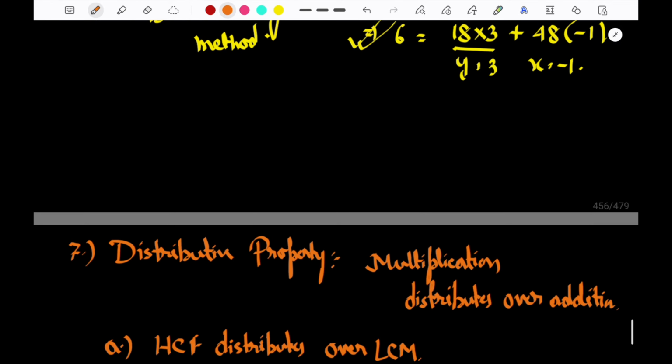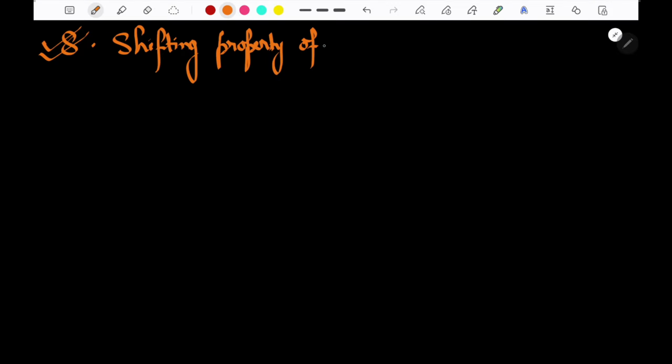Now another very important property of HCF and LCM, very important, VVI. From Olympiad perspective, this part is very important. It is known as the shifting property of HCF. Now what is this shifting property of HCF?